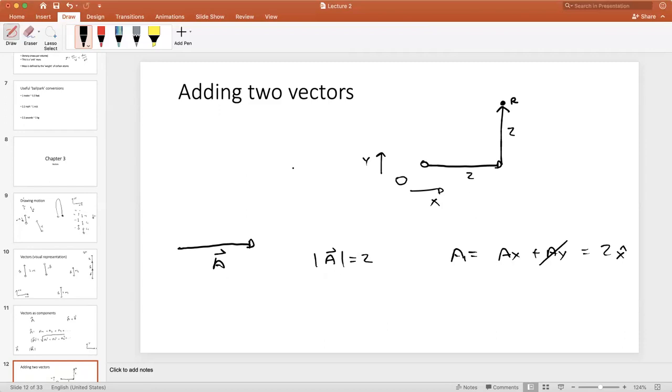Another way to see this is that any vector, at any angle, so a vector H at some angle from the x direction, H of x is the x component, and H of y is the y component. H of x is H cos theta, and H of y is H sine theta. We've already gone through that.